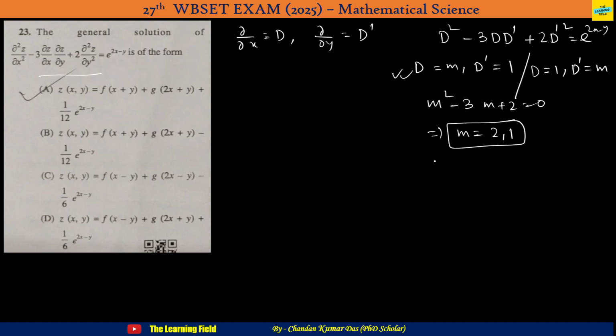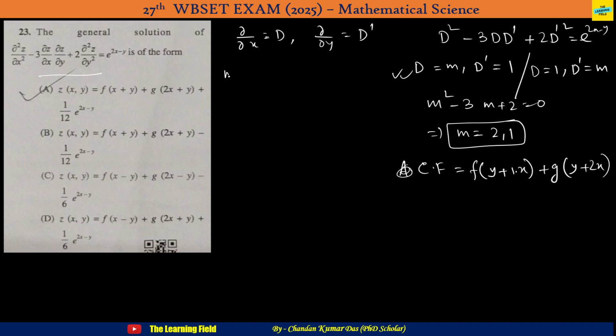If the values are 2 and 1, then the complementary function CF is equal to some function f of y plus mx, so f of y plus 1 into x, plus g of y plus 2x, with m1 and m2.